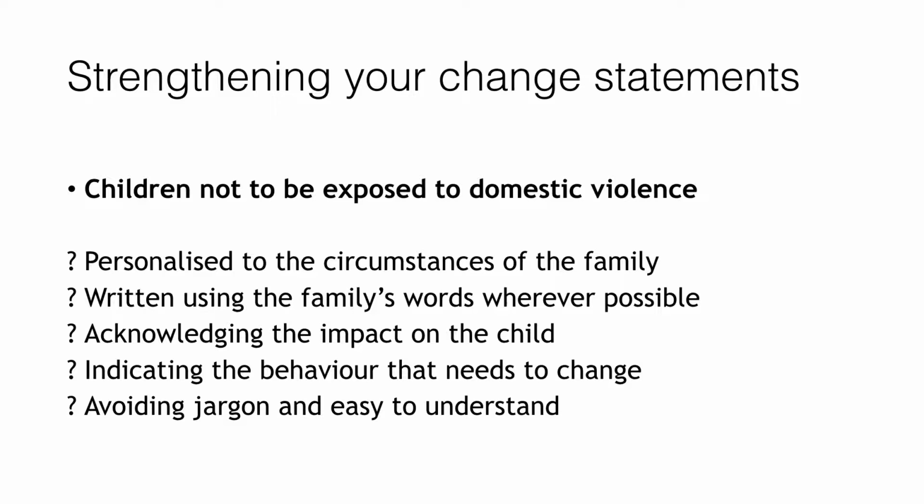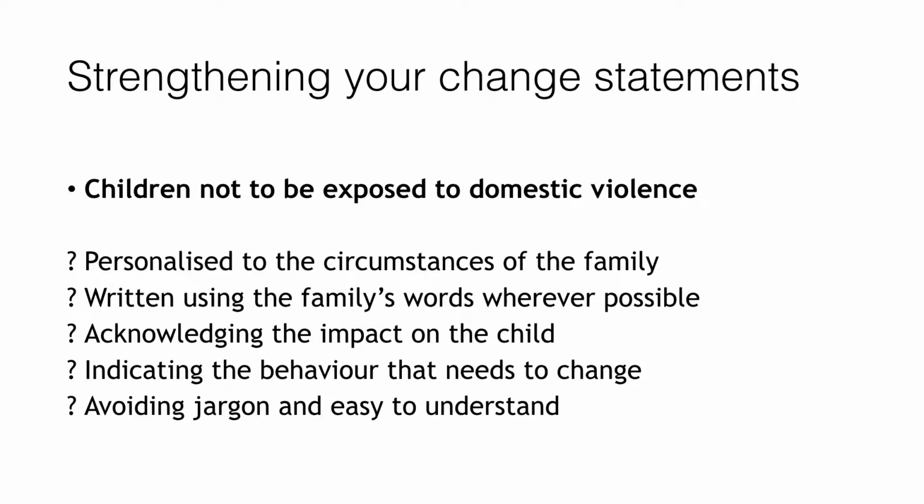Acknowledging the impact on the child. Again, this example uses the label domestic violence generally, and the impact on the child is hidden. Indicating the behaviour that needs to change. I think it's quite difficult in the example statement to appreciate what specifically needs to be different, other than the fact that there should be no domestic violence.